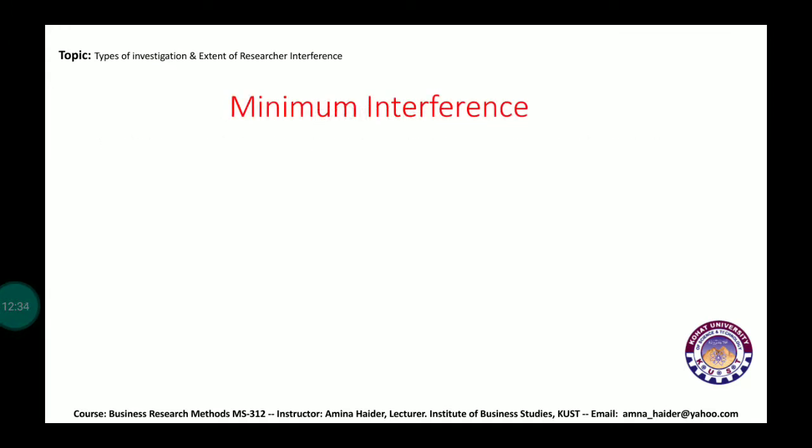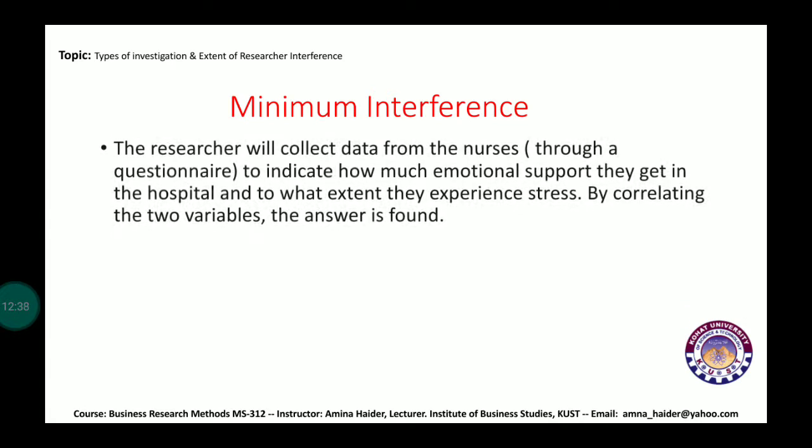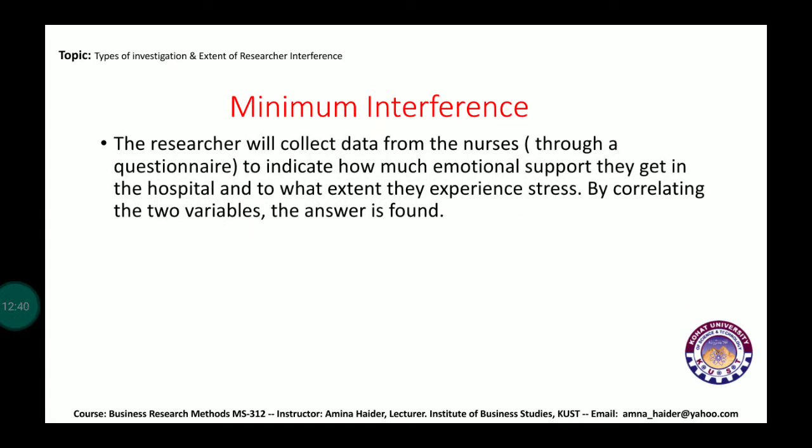In the context of minimum interference of the researcher, to understand the example, the researcher will collect data from the nurses through a questionnaire to indicate how much emotional support they get in the hospital and to what extent they experience stress. By correlating the two variables, the answer is found.